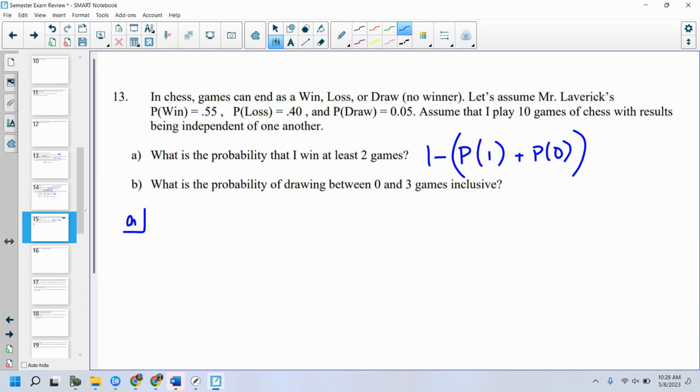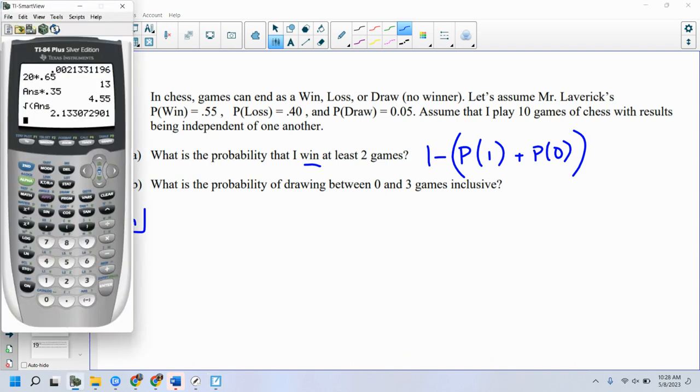So probability of 1 plus the probability of 0. Now, probability of 1. Okay. Probability of 1 win out of these 10 games. We're talking about wins, right? Yeah, wins. All right. The probability of 1 win is not 20 anymore, sorry. 10C1.